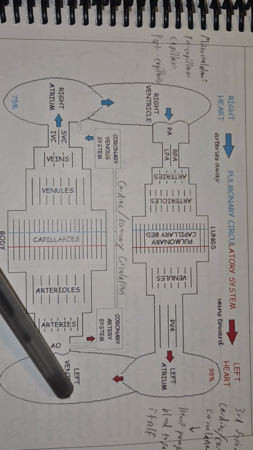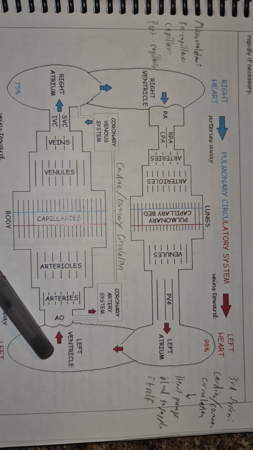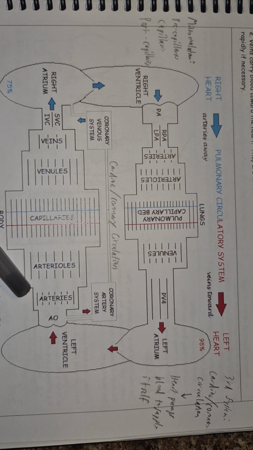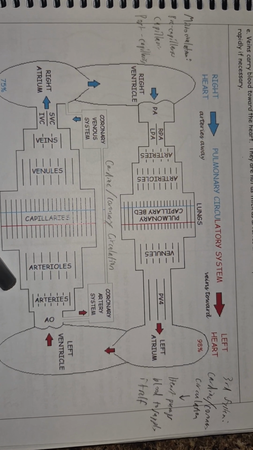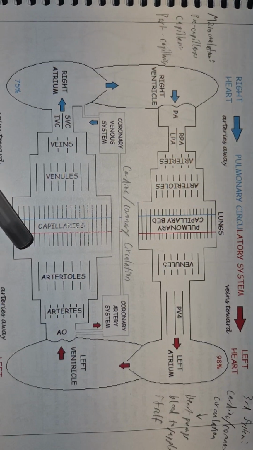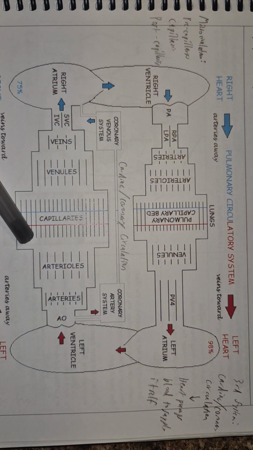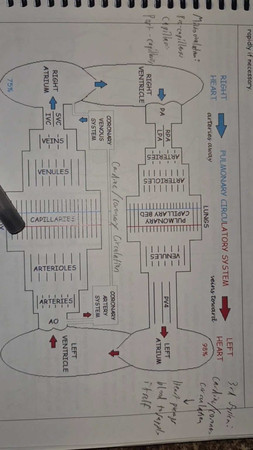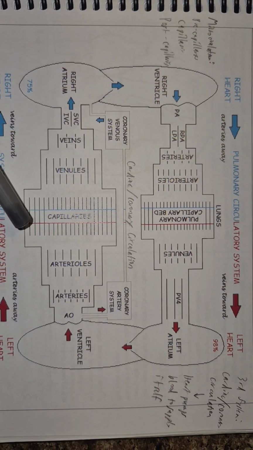But as we mentioned here, the oxygenated blood gets pumped from the left ventricle through the aorta, it goes into these arteries here, then branches into arterioles, and as it further branches, eventually it branches into its smallest form, the capillaries. And these capillaries are where most of the oxygen is exchanged from the oxygenated blood into the various cells.